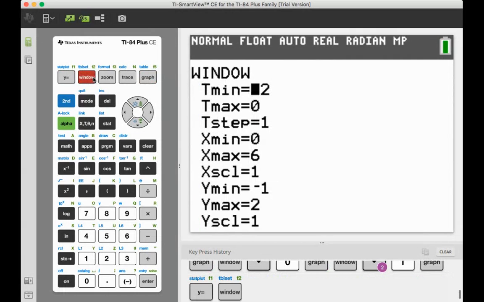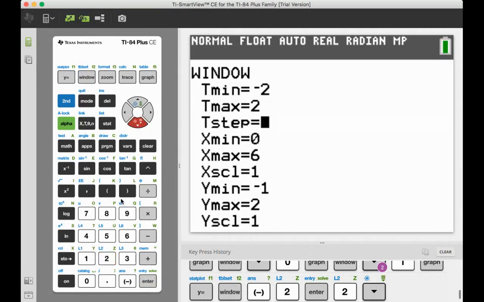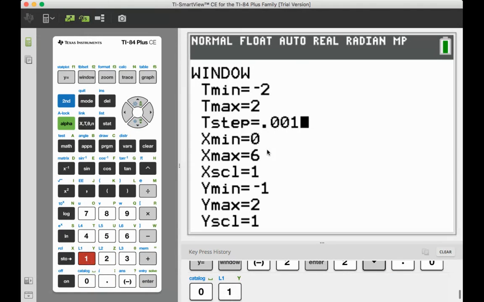I'm going to go back to my window and I'm going to have that go from -2 to 2. I'll have it count by 0.001, which means it's going to do, between -2 and +2, tenths, hundredths, thousandths, 1,000 calculations between each of those. So that's 5,000.